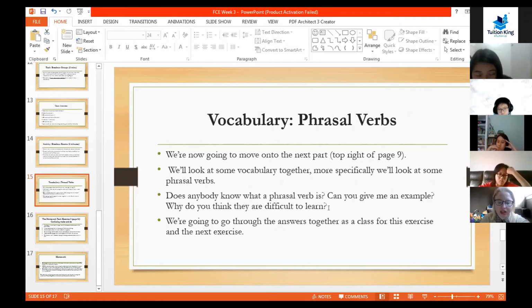And just to explain, phrasal verbs in English, we have so many of them, and they are so difficult because if you look at the individual parts that make up the phrasal verb, so for instance, the verb and the preposition, the verb and the adverb, individually they have a completely different meaning. But when they come together to form the phrasal verb, then the meaning is something very unique.